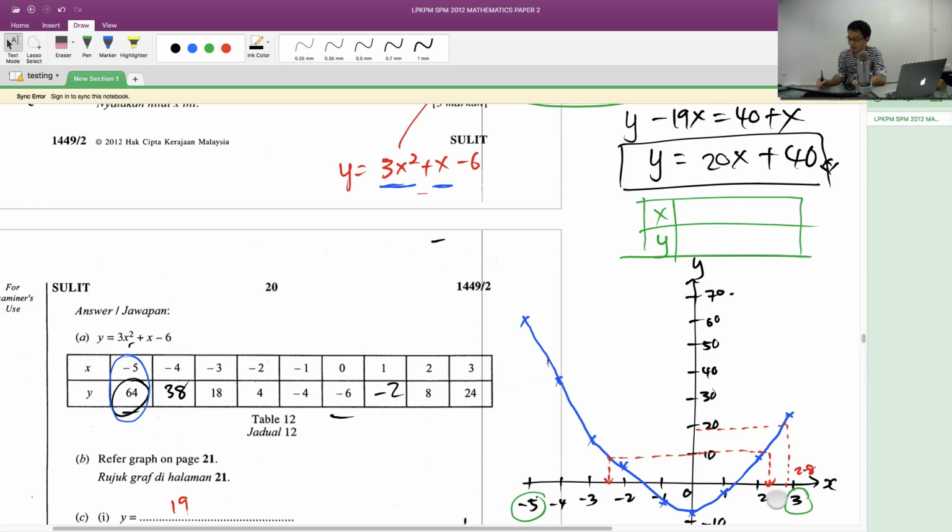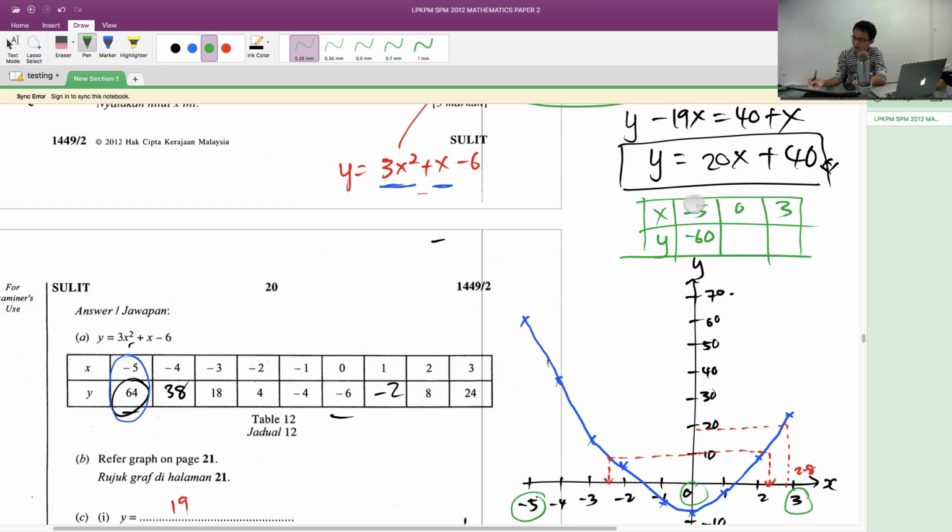The minimum value of x is -5, the middle one I use 0, and the maximum is 3. Then I try to substitute in. When x equals -5, -5 multiplied by 20 gives -100, and -100 plus 60 is -60.